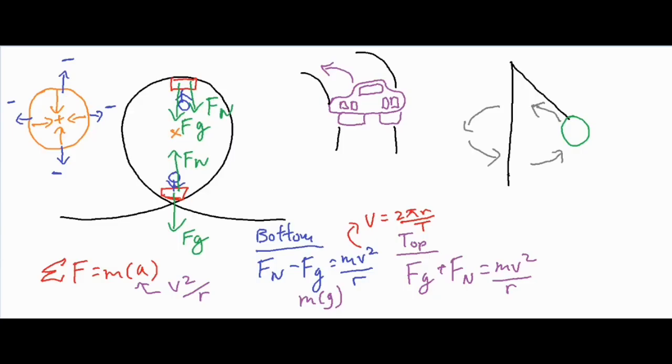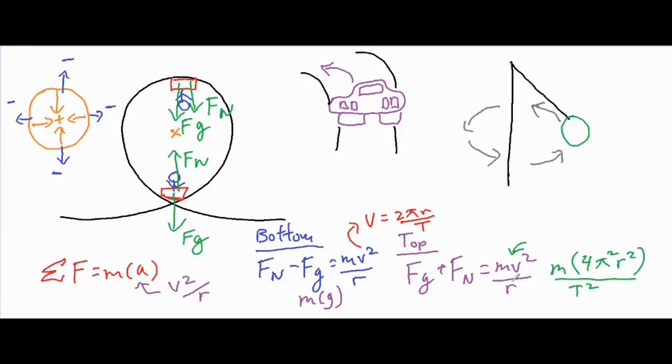When you do that, the way it's going to look is something like this. Just to give myself a little more room, I'll do that substitution right over here. I'd have the mass m, and then I'm squaring the entire thing, 2 pi r over t: 2 squared is 4, pi squared is just pi squared, then we'd have r squared, and we'd be squaring the period, which drops into the denominator.